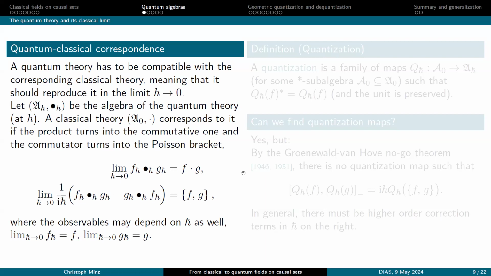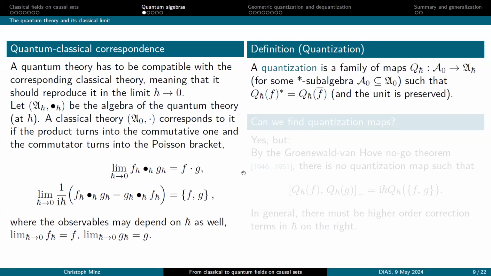And similarly, if we do this for the commutator in the quantum theory, we want to recover the Poisson bracket. These are essentially the two most important conditions that we want to put on. And of course, in general, our observables by themselves can also depend on this h bar parameter, and we want this to match our classical world.